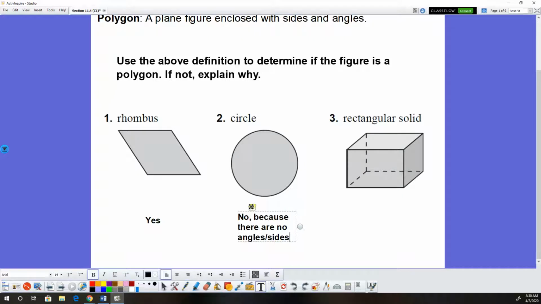And then this rectangular solid is also not because it is not a plane figure, meaning it is not two-dimensional. This is a three-dimensional figure, and therefore it is not a polygon. So just kind of a refresher of what a polygon is.